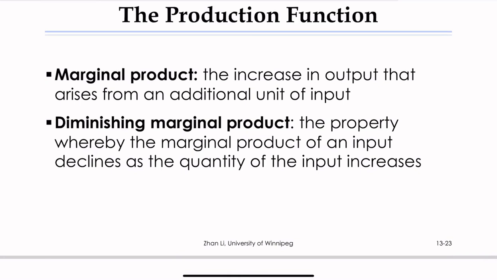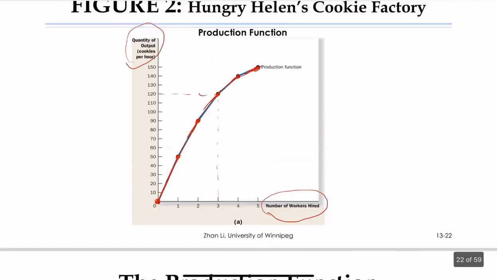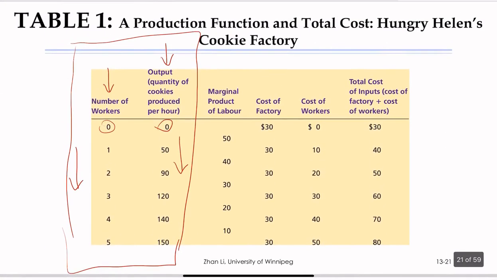Now let's define the important concept of marginal product. Marginal product means the additional output you can get if you have 1 additional unit of input. Now let's see this definition here.